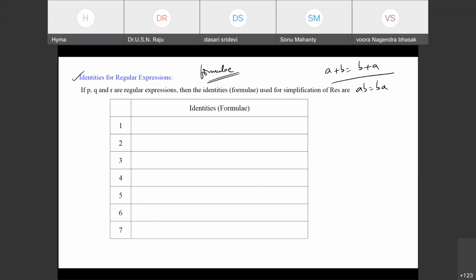First one is correct, sir. Second one is wrong. So like this, I am writing some formulae here. Identities are nothing but formulae. Once you understand these formulae, then we'll be seeing how to convert the other pending one, the cyclic DFA to regular expression.